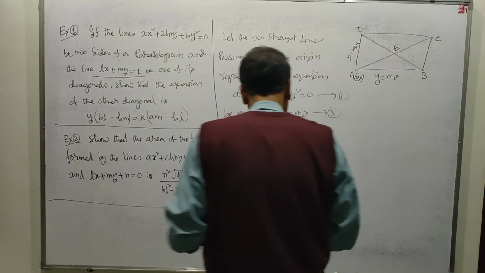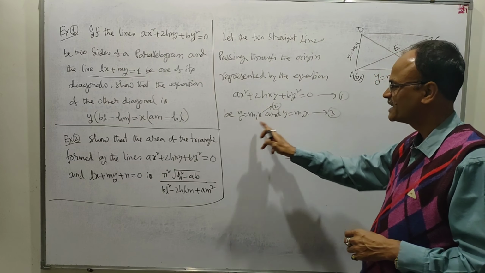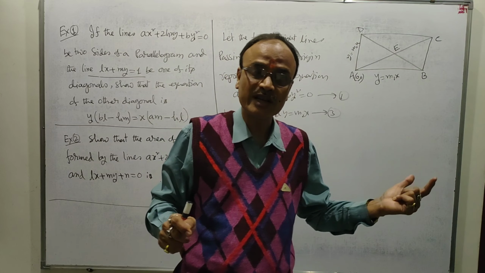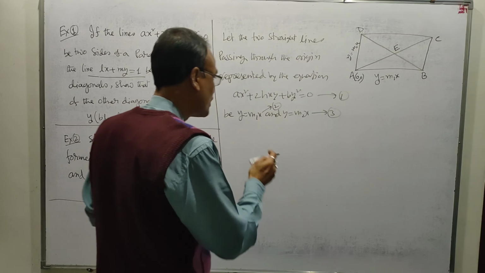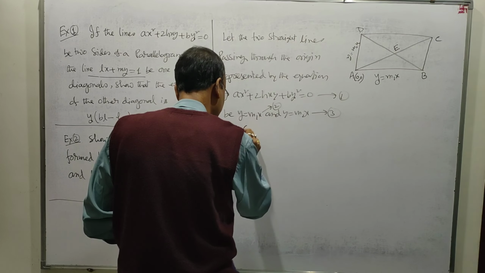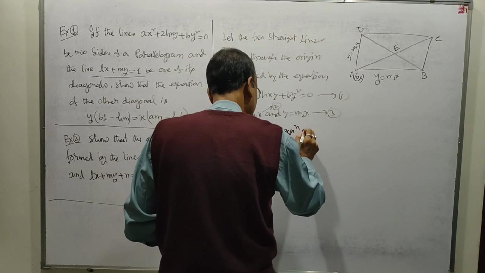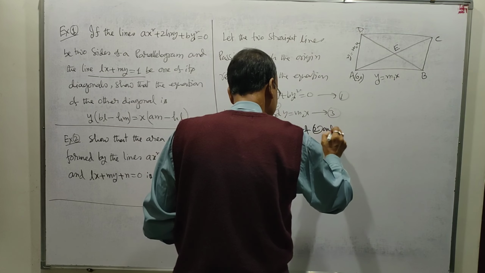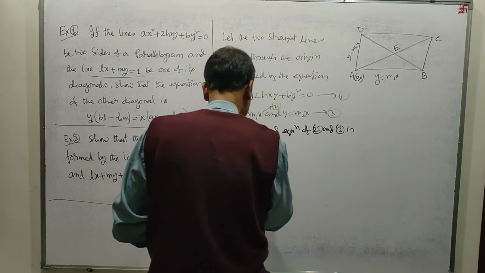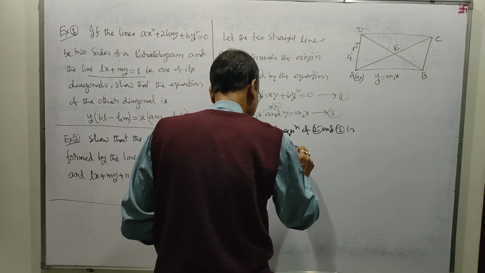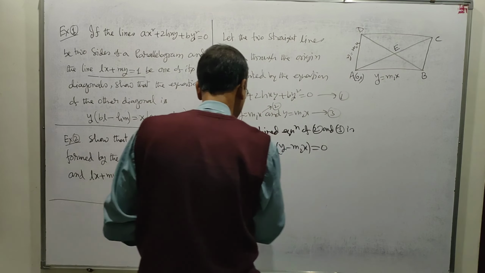Now, obviously m1 plus m2 equal to minus twice h by b and m1 m2 equal to a by b. The combined equation of 2 and 3 is y minus m1x, y minus m2x equal to 0.